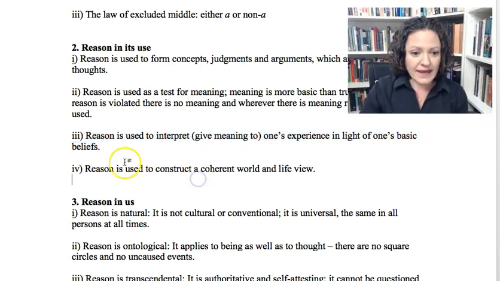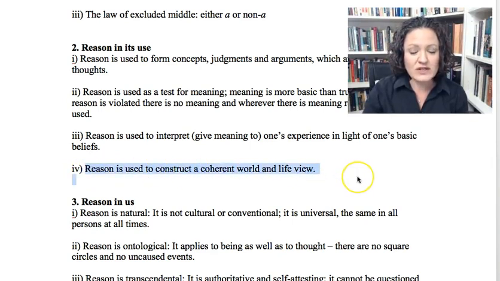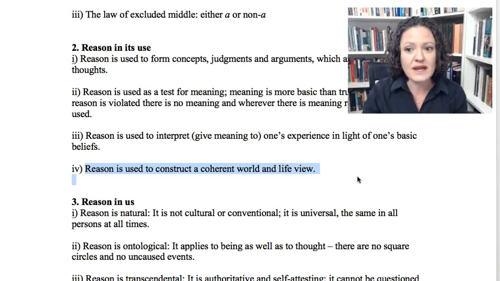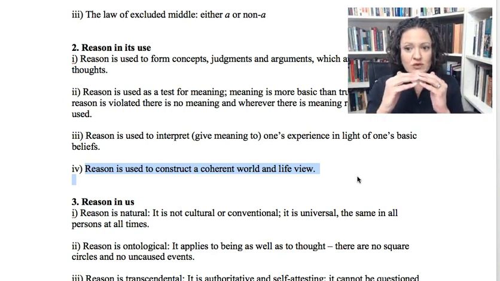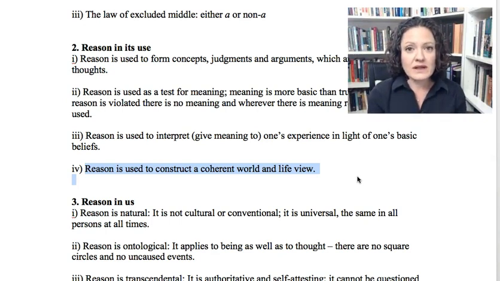All right, the last one is that reason is used to construct a coherent world and life view. Just like I was saying, we have the ground, and on this ground we can lay a foundation and build a house. Now the ground we want to be secure. The ground should be solid. It should be rock. And hopefully that ground will be reason.